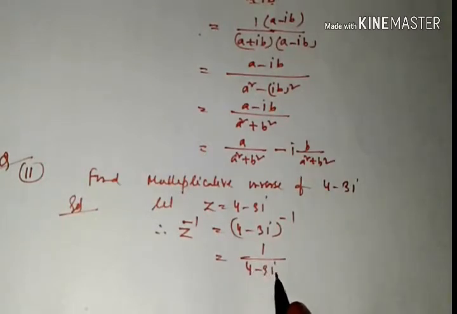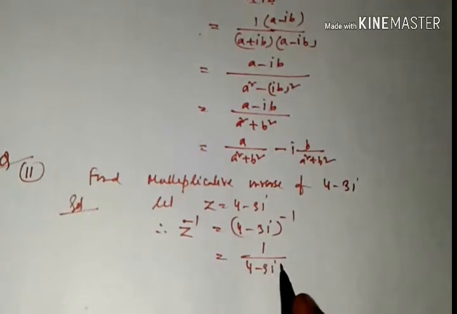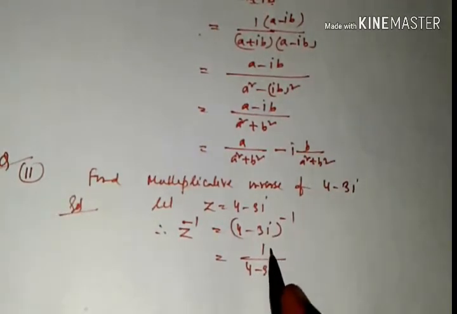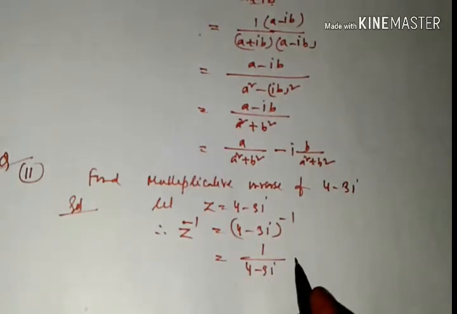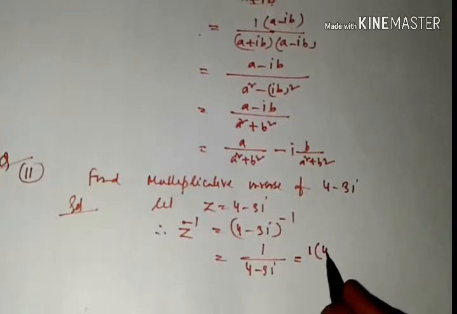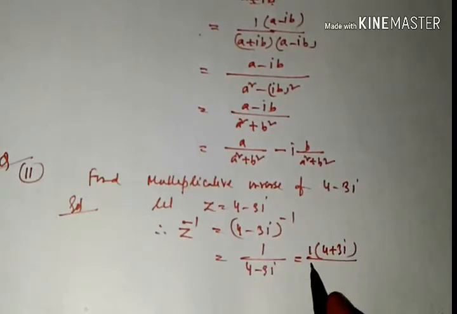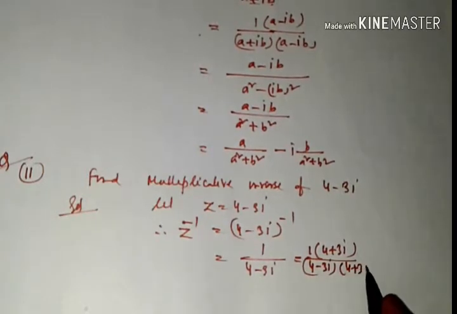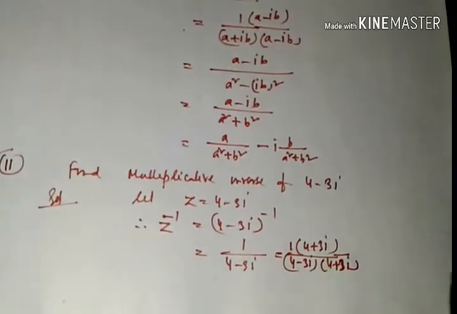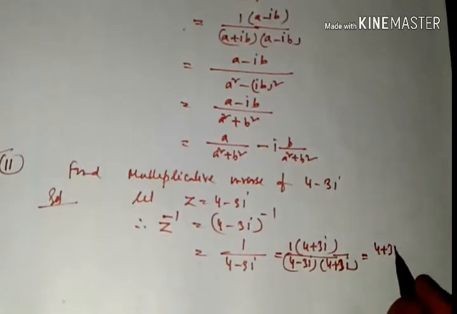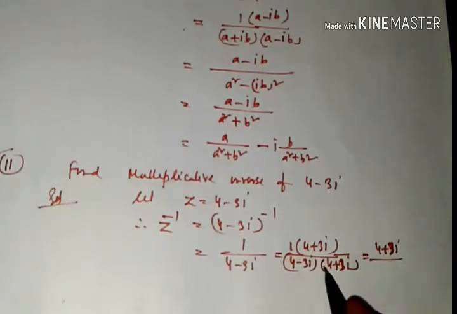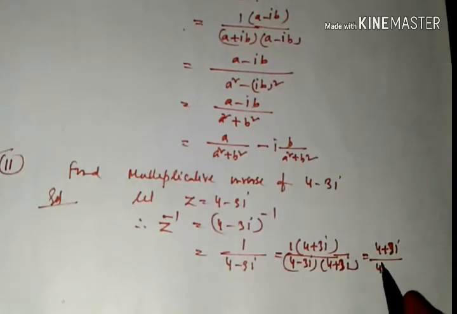Since there is 4 minus 3i, we have to multiply 4 plus 3i, and this term is also multiplied in the numerator. That is, we can write 1 into 4 plus 3i over 4 minus 3i, 4 plus 3i. This is the a minus b, a plus b, a square minus b square formula.